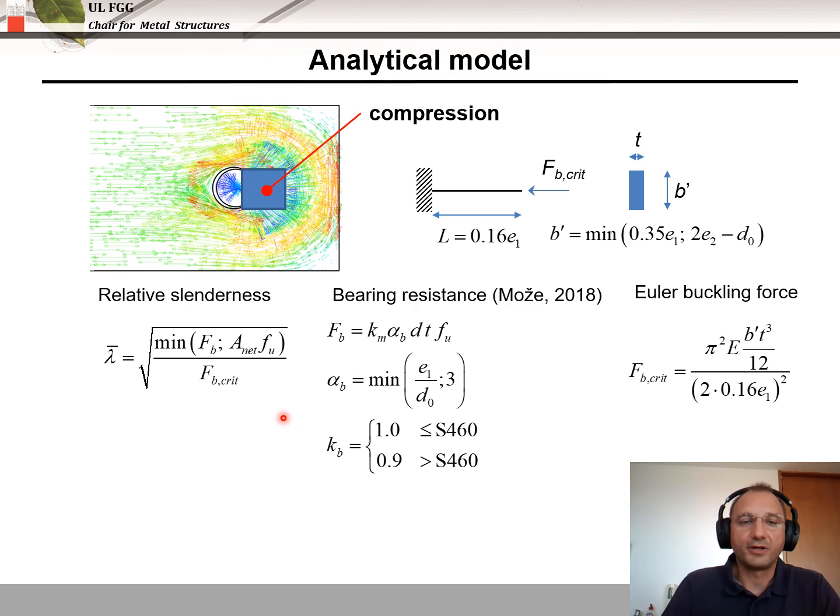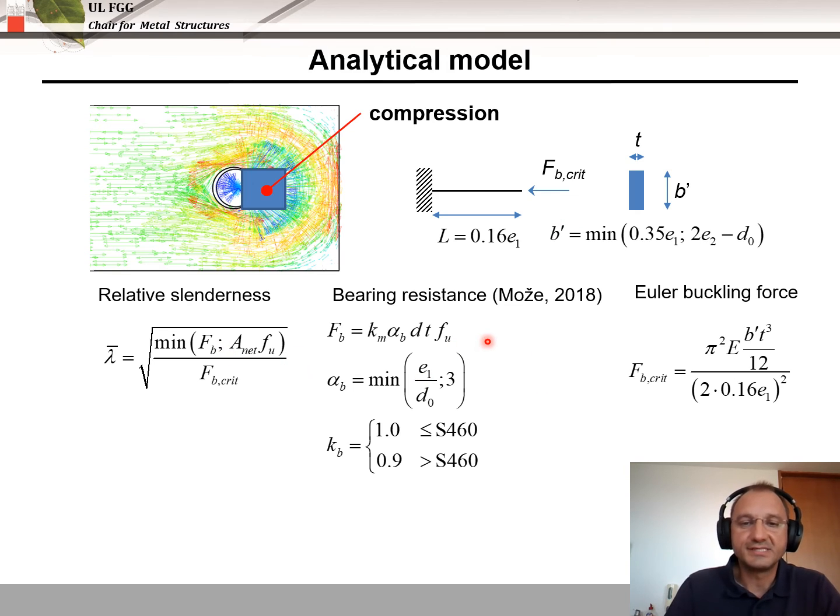We can calculate the analytical slenderness as a square root of the ratio between the resistance, defined as the minimum of the bearing resistance and net cross-section resistance, and the Euler buckling force for the cantilever.